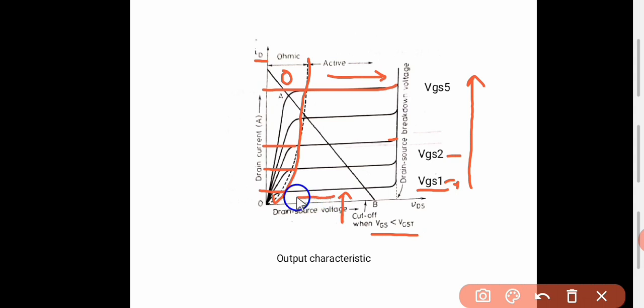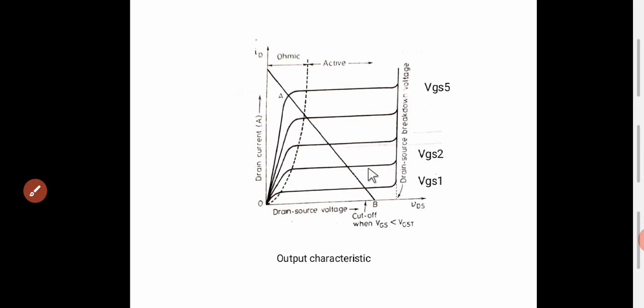In this region no drain current will flow, and whatever current flows in the cutoff region is known as leakage current. That is why the MOSFET is known as a voltage controlled device, because the drain current depends on the magnitude of the gate source voltage.